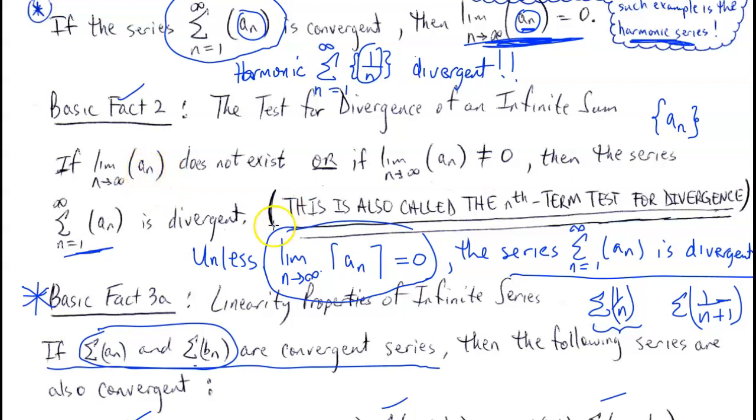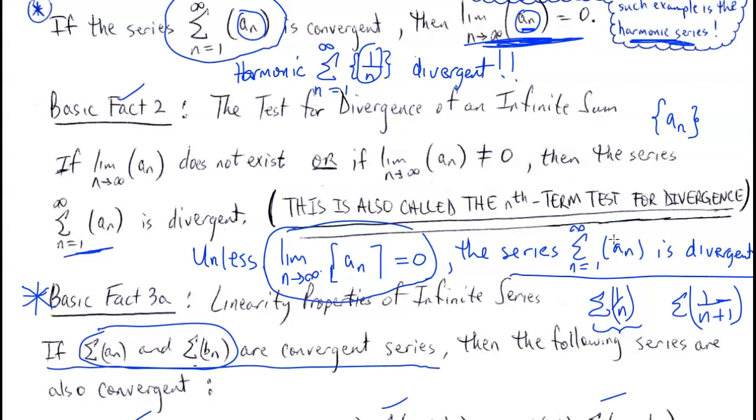If you remember, the short way of saying it is that if we take the limit of the underlying sequence that the series is made from, and this limit does not equal 0, then we know that the corresponding series will be divergent automatically. So that's kind of our way out.